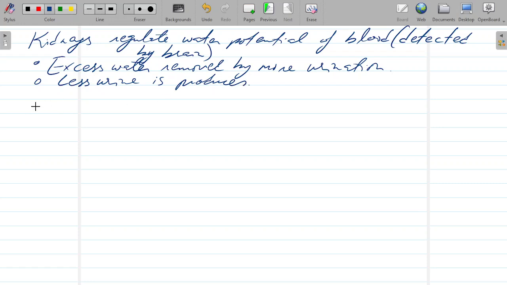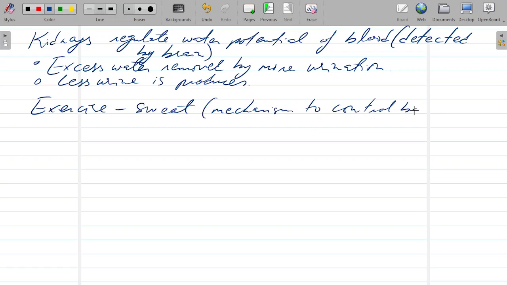Also, for example, if you exercise and you sweat, right, and sweating is a mechanism to control body temperature and keep you cool.